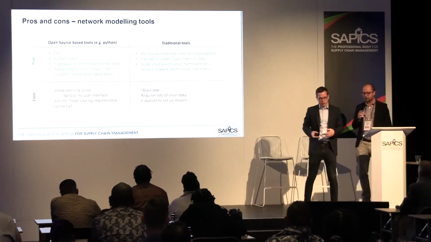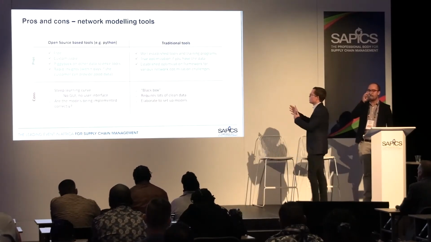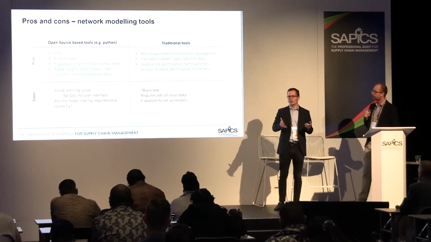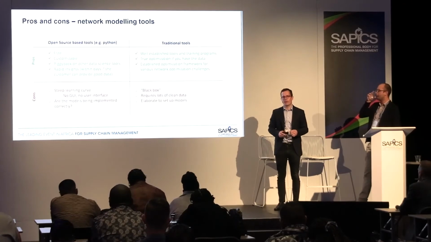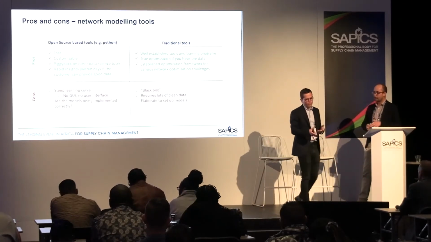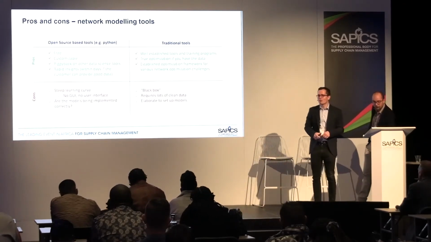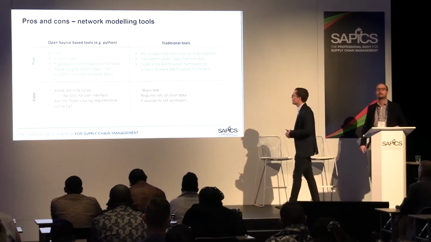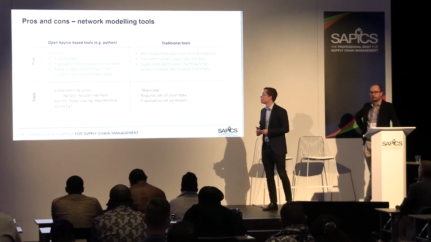So in terms of pros and cons of the traditional tools and the open source tools, I'm not going to say open source tools in general, but at least what we've tried to implement with our Python tools here, the pros is it's free, so you don't really need to pay a huge amount of money for it. It's quite customizable, so we can get it to do more or less whatever we want.